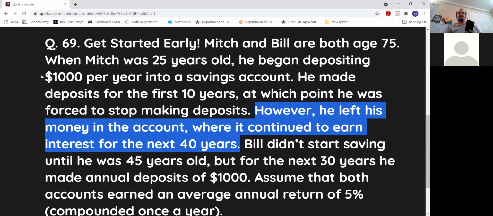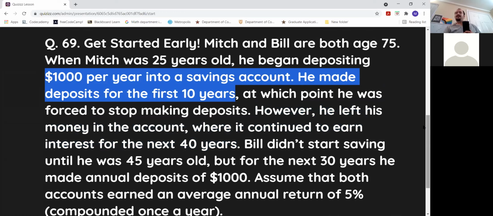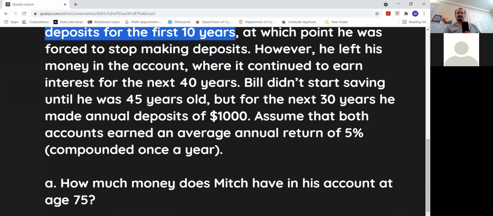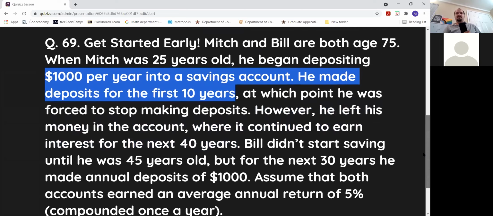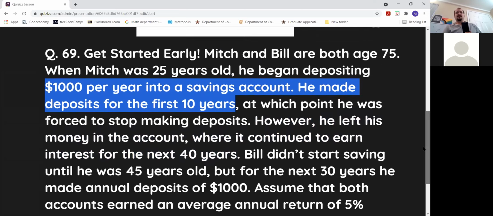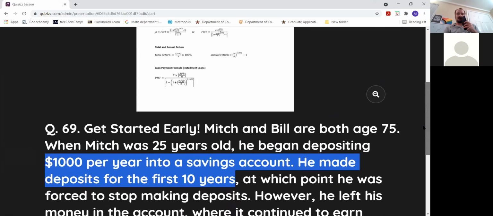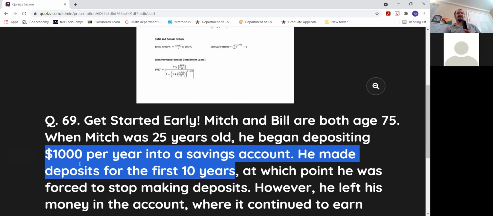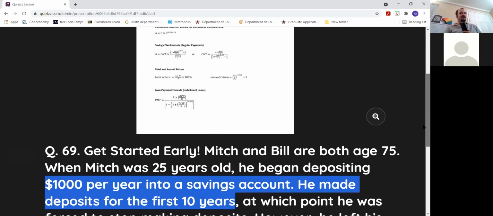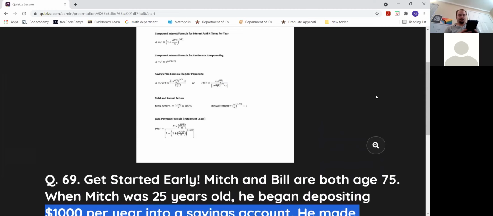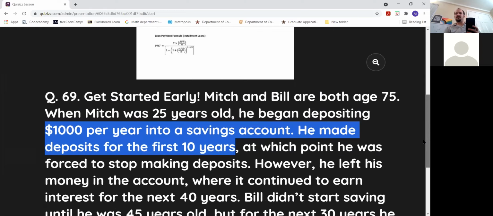So he did a savings plan, $1,000 payments for 10 years. And what else? 5% APR compounded once per year. So we want to figure out that savings plan. I think so far we've just been using this one on the right. Now, which one do we want to use? Well, they're giving us payments. I think we want to figure out accumulated amount. Was it 5%?